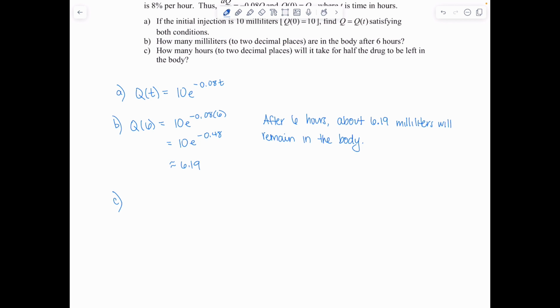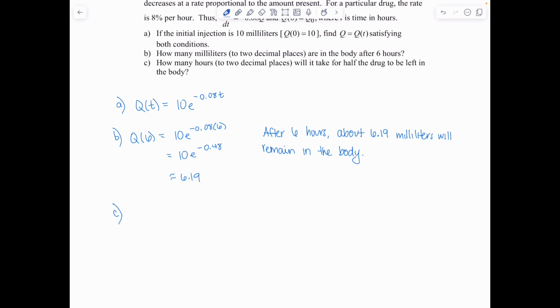How many hours to 2 decimal places will it take for half the drug to be left in the body? So the initial injection is 10 milliliters. That means half of it will be 5. So we want to know, when will there be 5 left? When will Q of t equal 5?